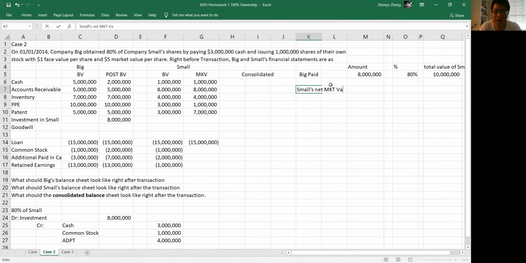Now, small's net market value of identifiable assets and liabilities, how much do we know? Market value of assets are here, market value of liabilities are here. So the total package is 6 million.